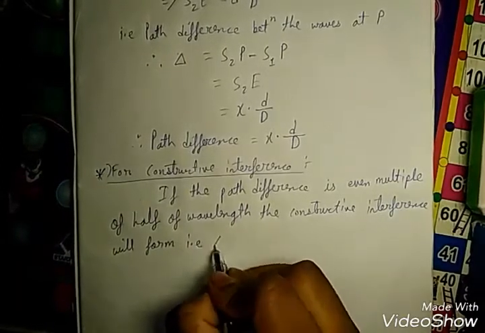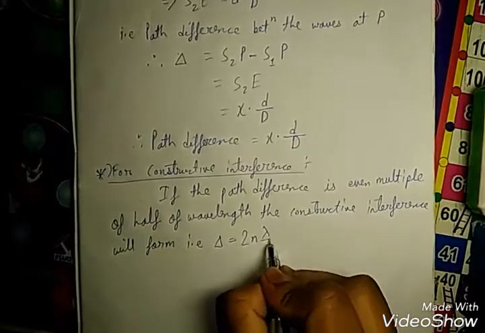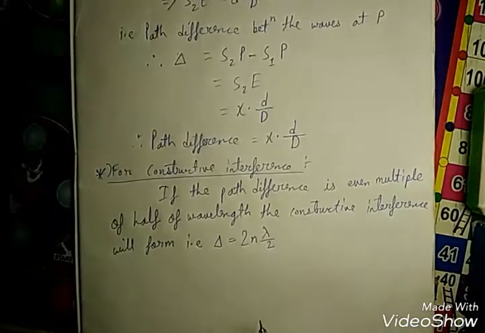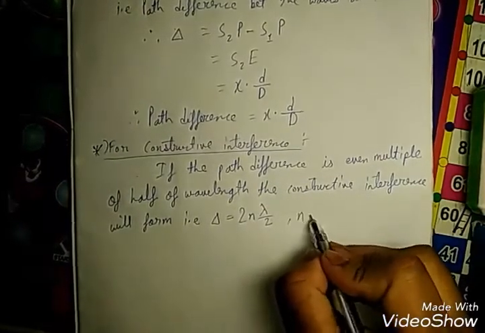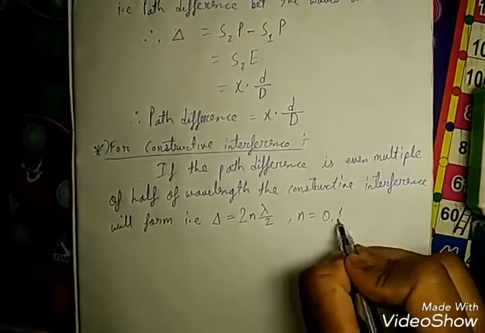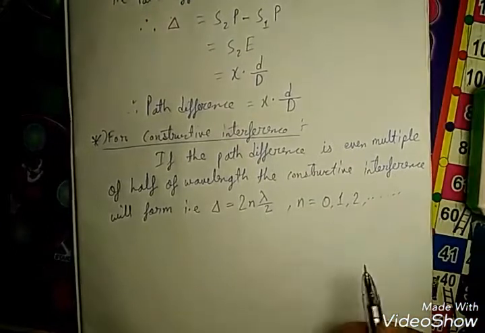That is, if delta is equal to 2n lambda by 2, where we can take n equal to any integer 0, 1, 2 and so on.